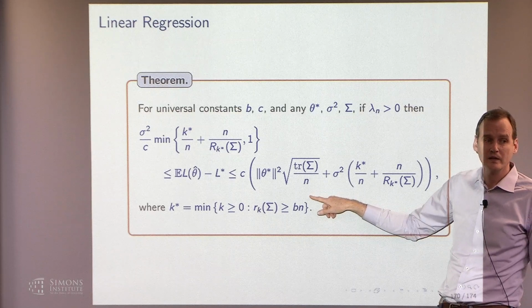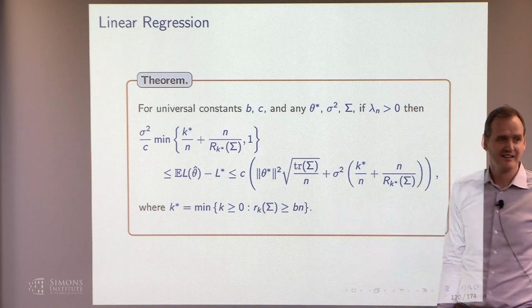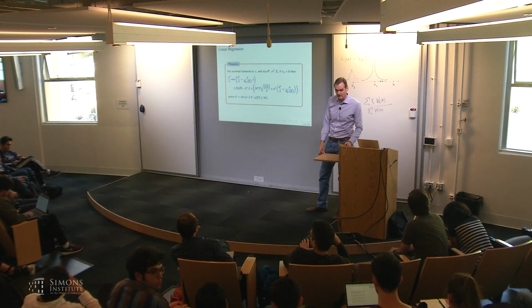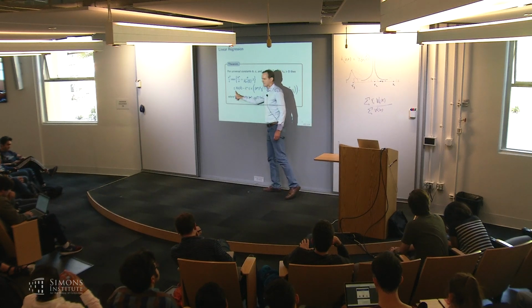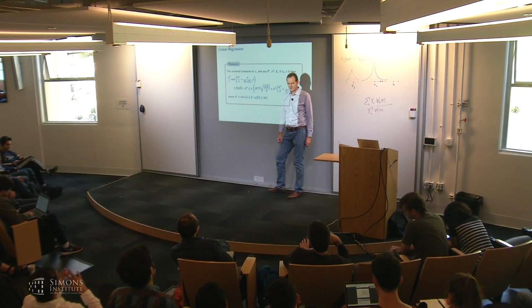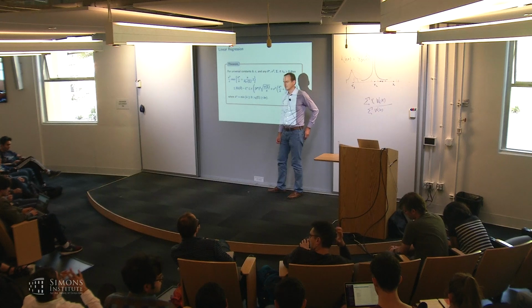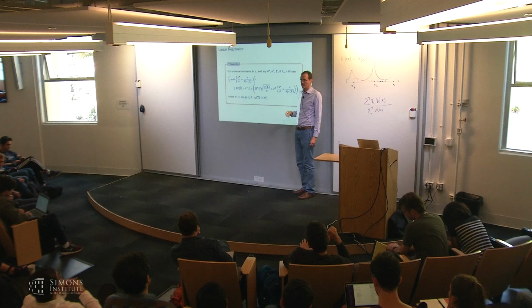Does that answer your question? I think what I mean is that the excess error is a norm between the estimated theta hat and the true theta. Yes, that's right. When your sample size is large, it's saying that your theta hat is close to the true theta, in the norm defined by sigma, that's right.